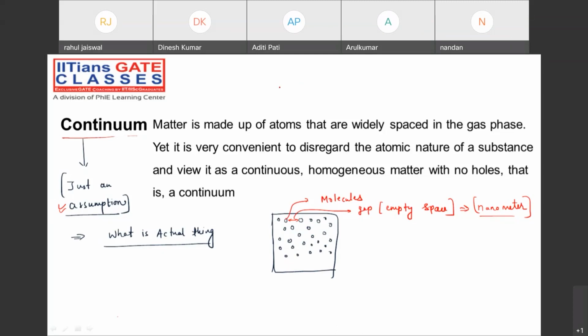If I talk about solids, whatever matter we are observing is in a continuous fashion because it is closely packed. Whatever the gap is, you cannot see it at all. In solids, the concept of continuum is very accurately valid. But what about fluids? Why do they differ from solids? In a fluid, when you heat it or apply some pressure or temperature, the molecular behavior changes.